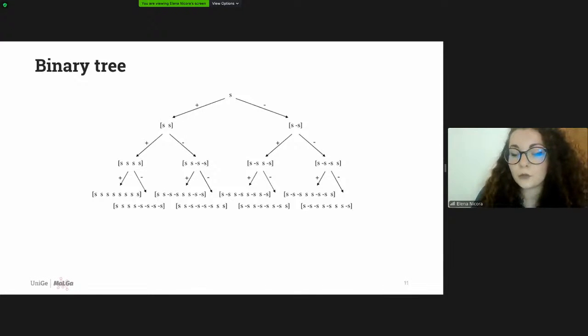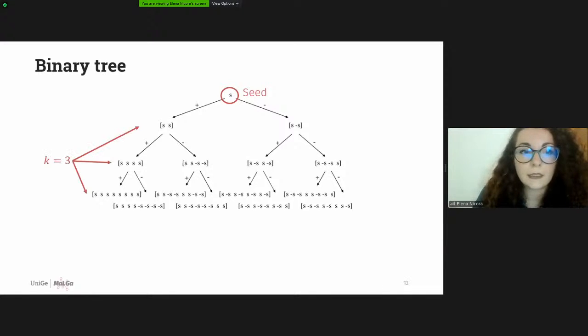In order to create our filter family, we just need a seed S that would be our root, and a parameter k. K will indicate the number of levels in this binary tree, but also is linked to the final dimension of our filter families, and also to the number of total kernels that are in the family.